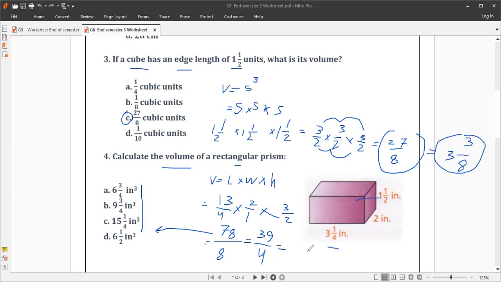To write it as a mixed number, we bring the 4. Now 36 divided by 4 equals 9, and the remainder is 3 because 4 times 9 is 36. So the answer is 9 and 3 over 4 cubic inches. As I mentioned before, the volume is always cubic units.